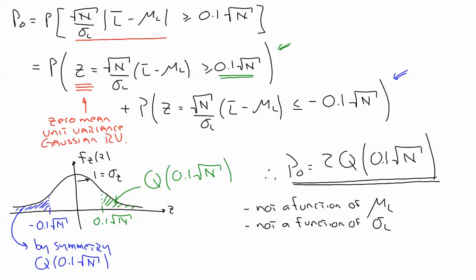It's not a function of anything. It's only a function of the number of samples I examine. It's only a function of the number of gear pins that I select off the assembly line and examine.